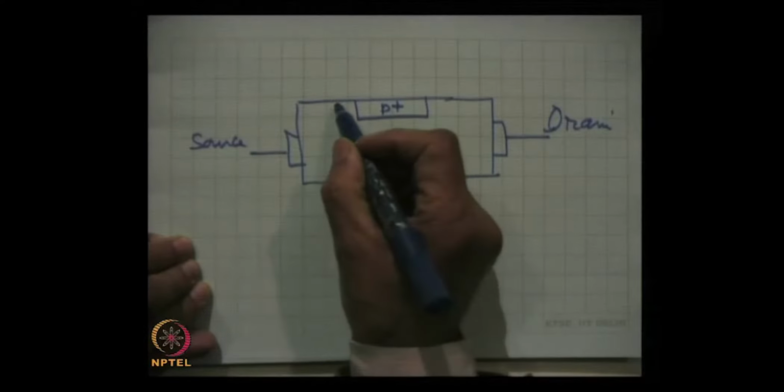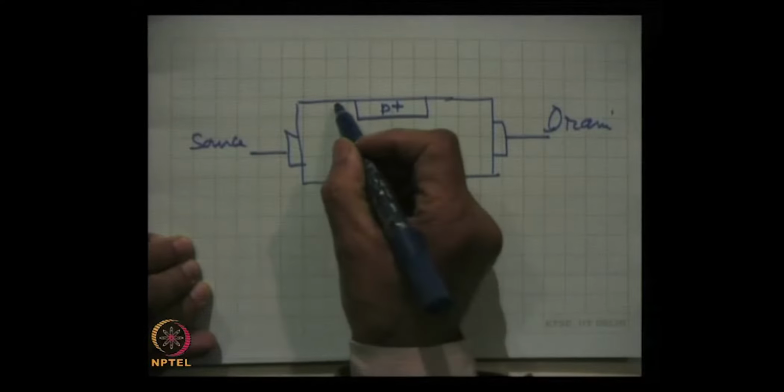These two are internally shorted, that means they are connected together. When we apply a voltage, the voltage will apply simultaneously on both the gates, and this is gate. This is, I think, very clear.